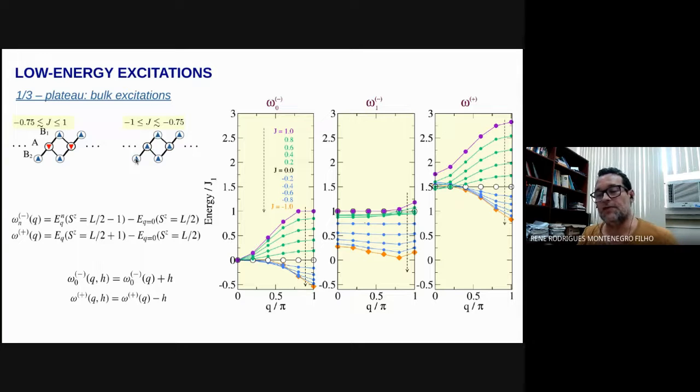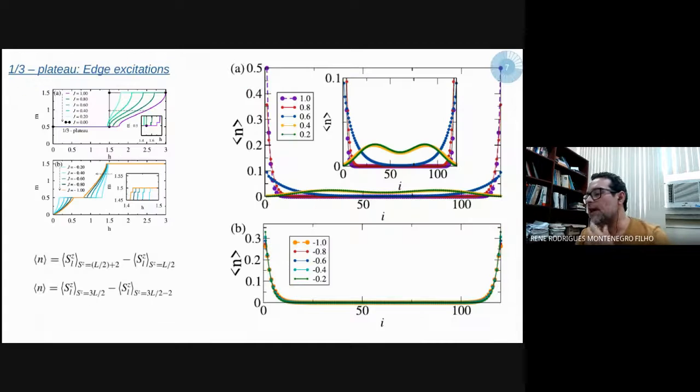So due to this kind of local potential, a different local potential, this edge state has a pure geometrical nature, contrary to this case of the 1/3 plateau. That's a mixed nature.